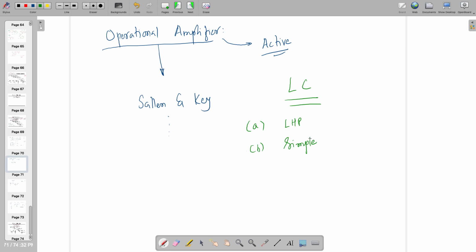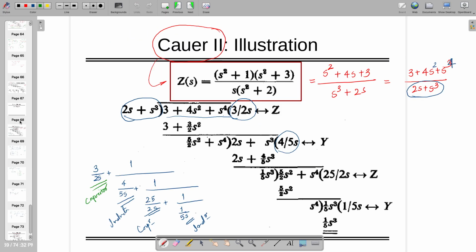It will be a positive real function, right? And the third one is that they will be alternate or interlaced. So if you look at this transfer function, starting with 0, 1, 2 and 3, they are interlaced. So with this transfer function, you can say that I can synthesize this using an LC circuit, right?